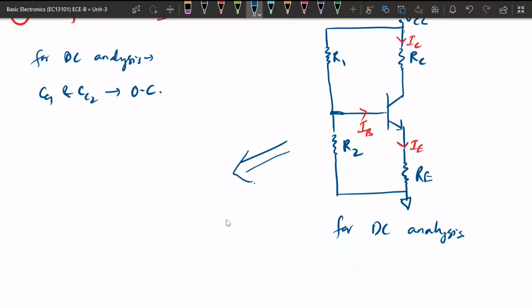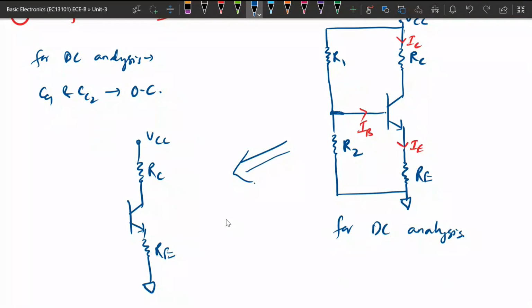Okay, so another circuit, the equivalent circuit, is represented in the form of an equivalent voltage and resistances. So that will be of the form, this is RC, this is VCC.